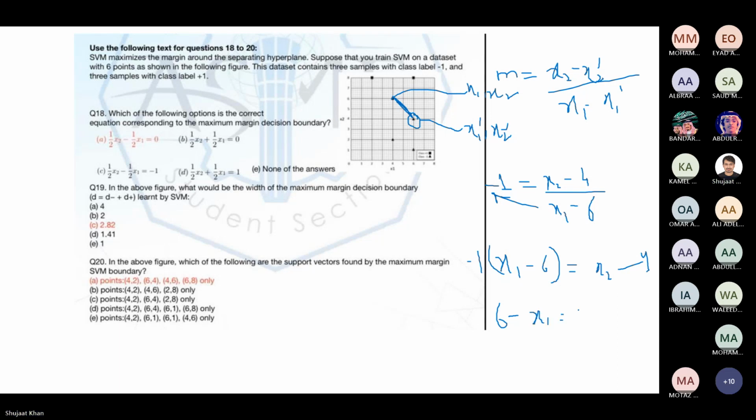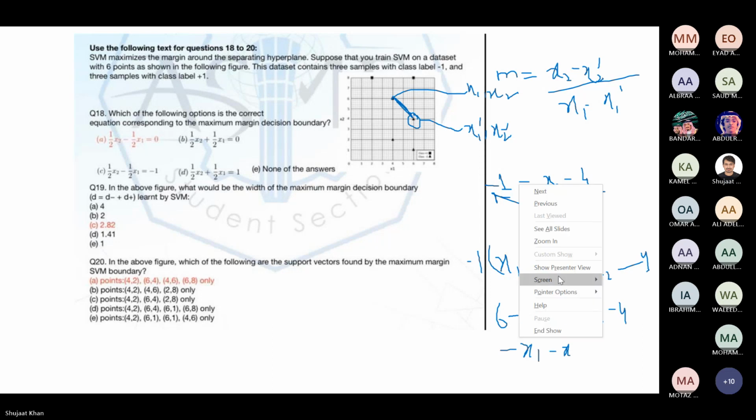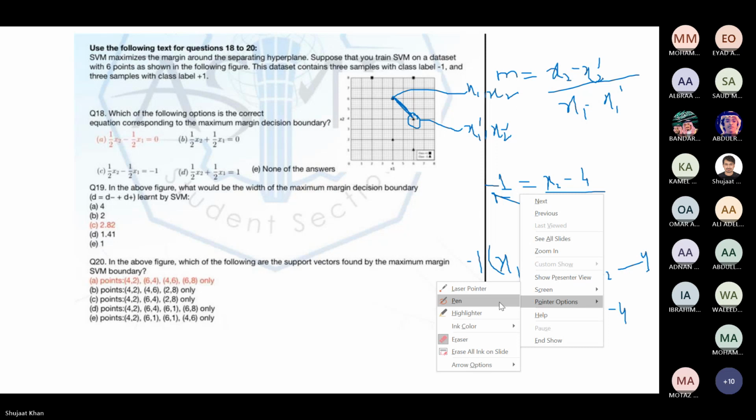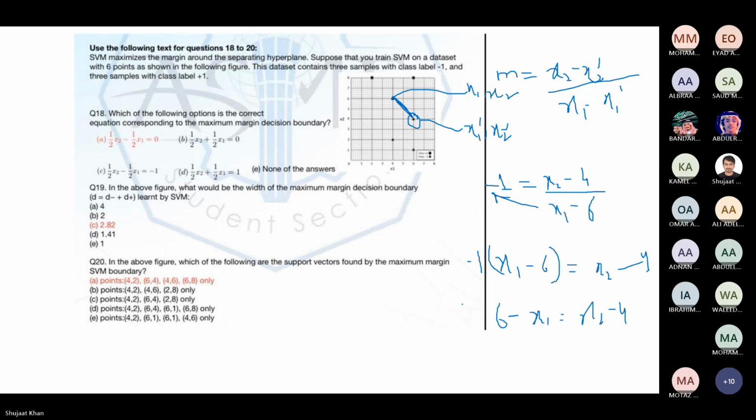And when you solve it, it becomes 6 minus x1 equals x2 minus 4. So here we are taking x2 minus x1.